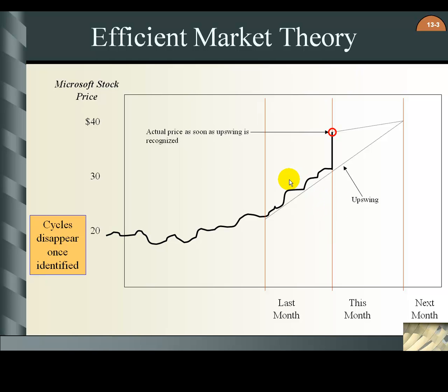Now, why do we have to understand this random walk theory? The reason is this. If there were a pattern, if for some reason you could recognize a pattern, for example, you look at this particular stock, Microsoft stock price, and let's say you could recognize this pattern that the stock price is going up like that.